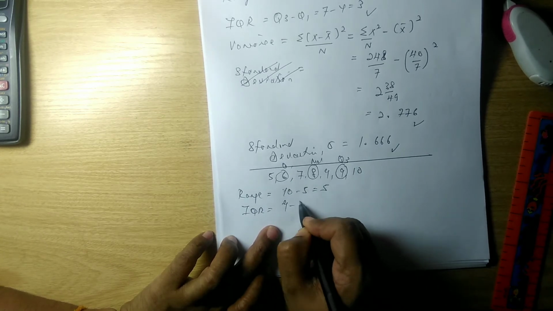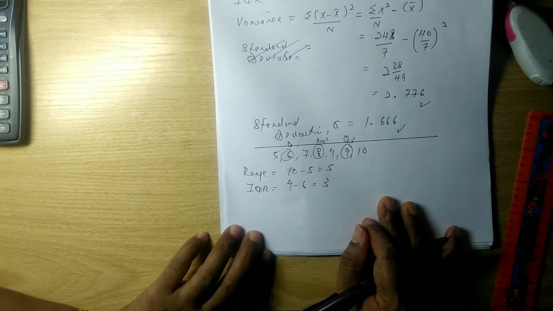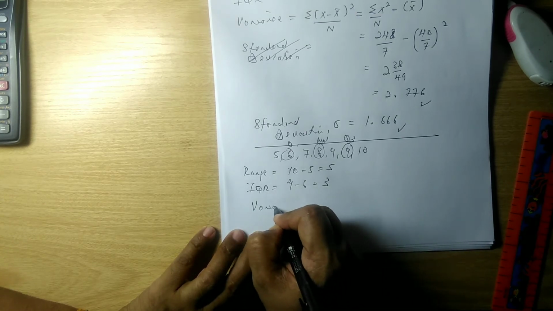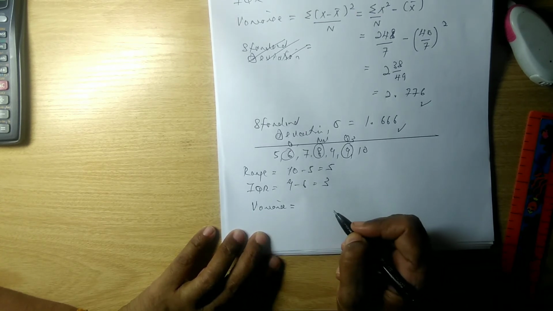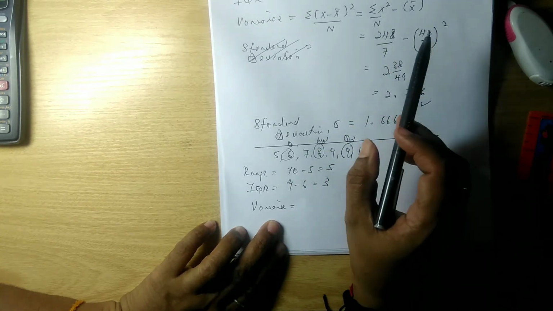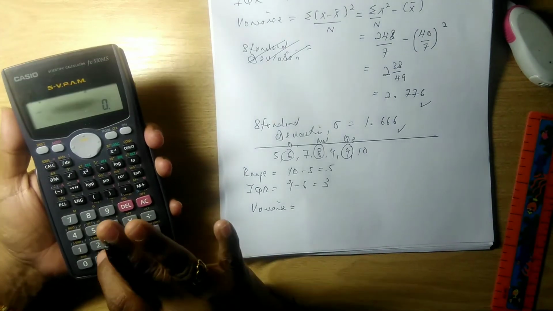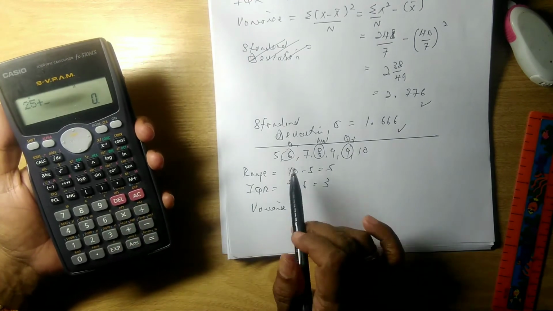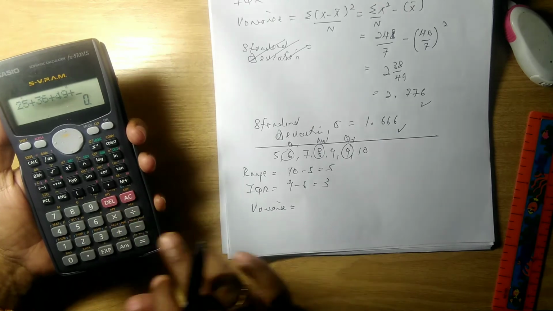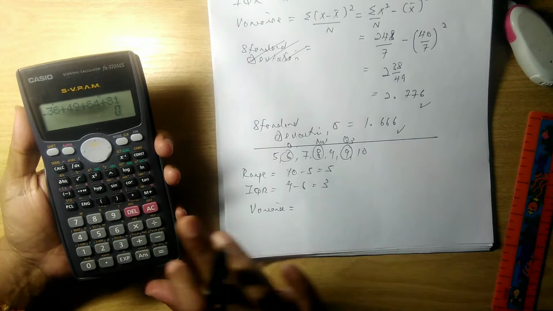Now for my variance, same formula, we square all the values: 25, 36, 49, 64, 81, 81, and 100.